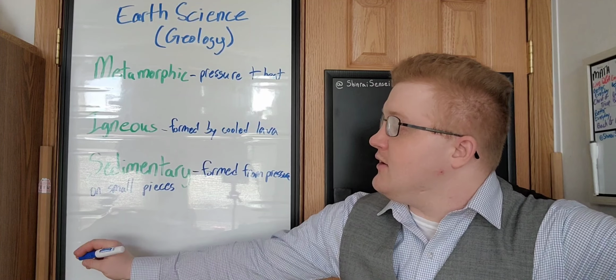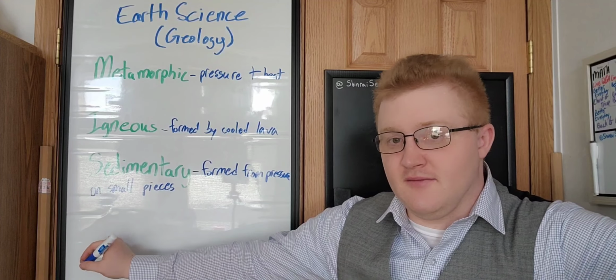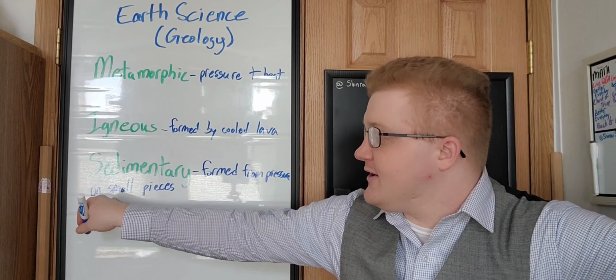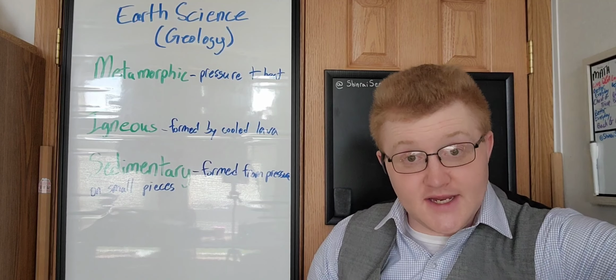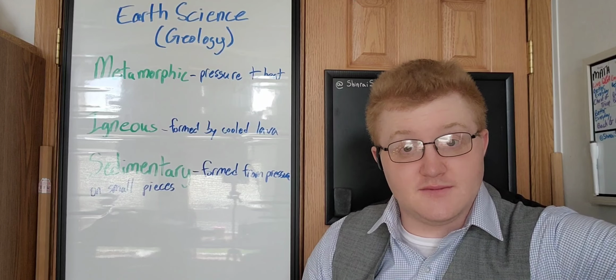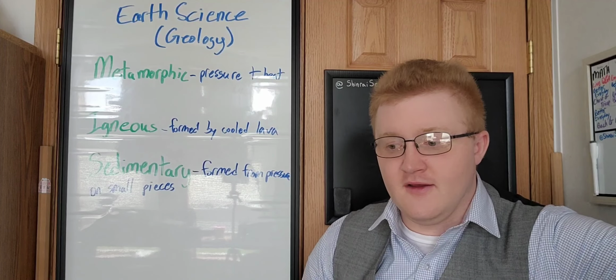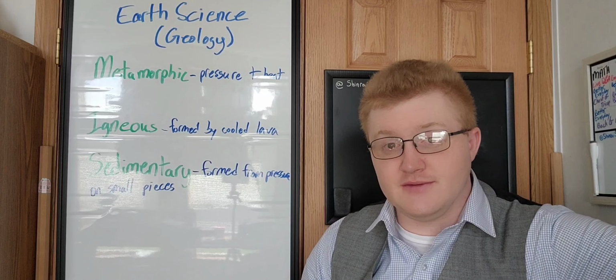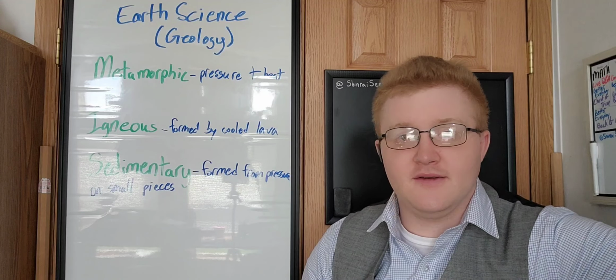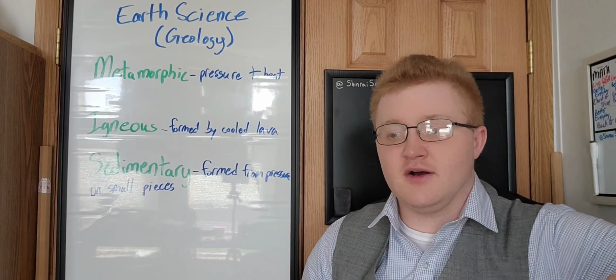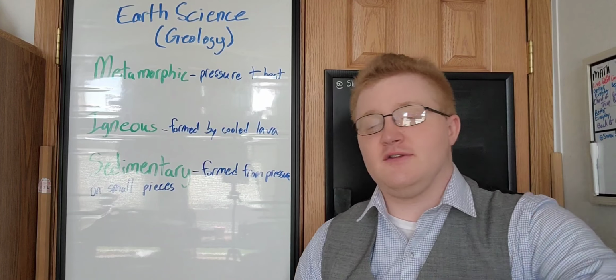So, the most basic of these rocks is going to be sedimentary rock. Think sandstone or limestone. Very easily broken, very frail, very prone to erosion. But, you can also see this layered effect to them.